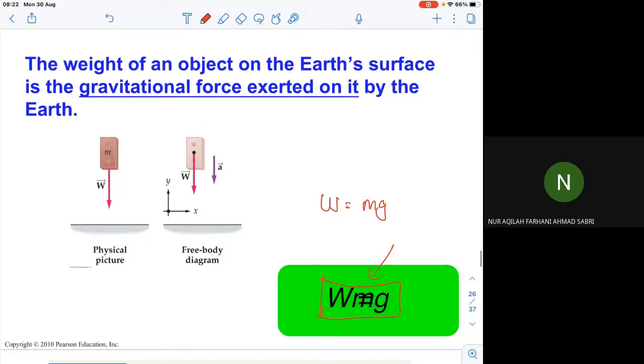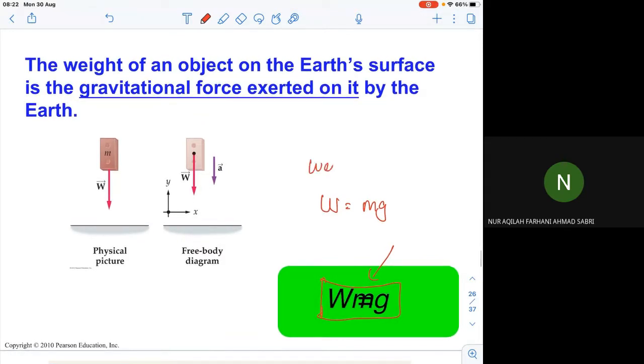It's just the name that we need to establish as weight, berat, W. So we can use W, but it actually comes from F equals ma, because weight is part of the force. M is always m, and acceleration now becomes gravitational acceleration. So weight is actually F equals ma, but in the y direction, in the y-axis.